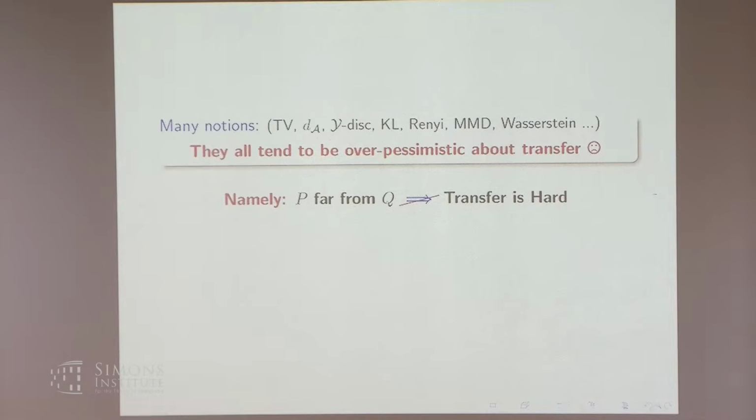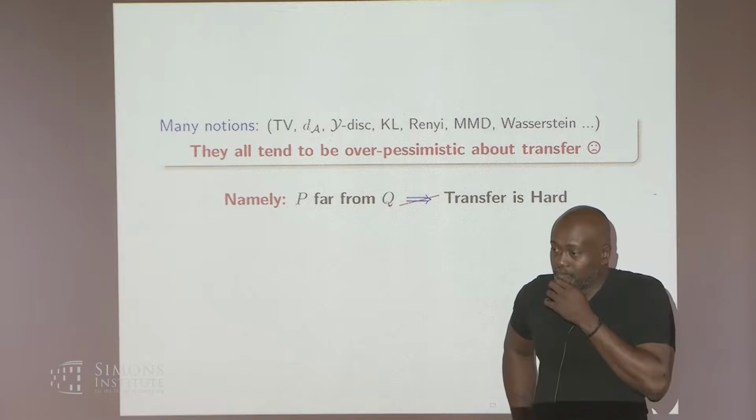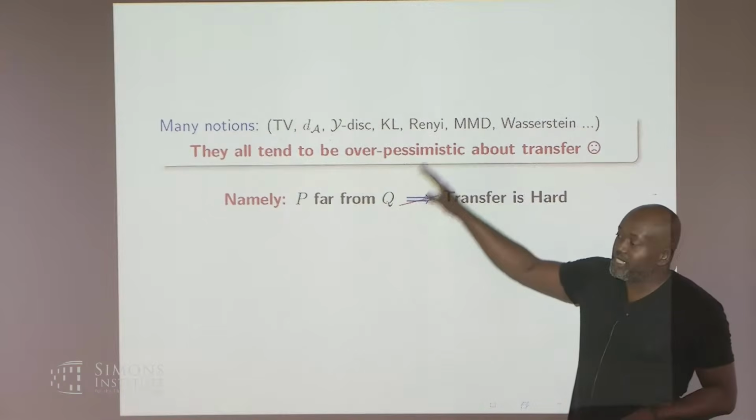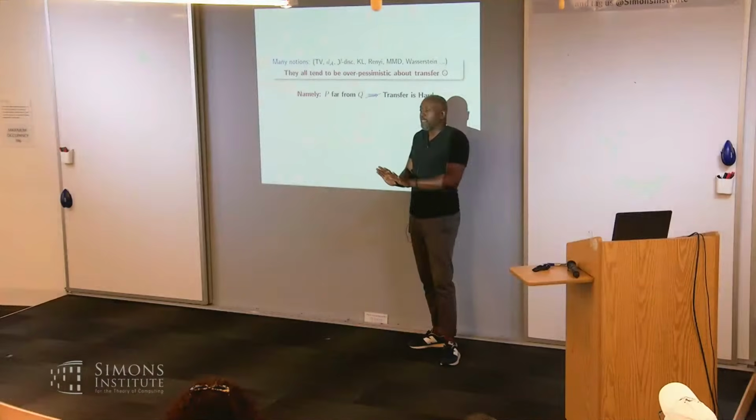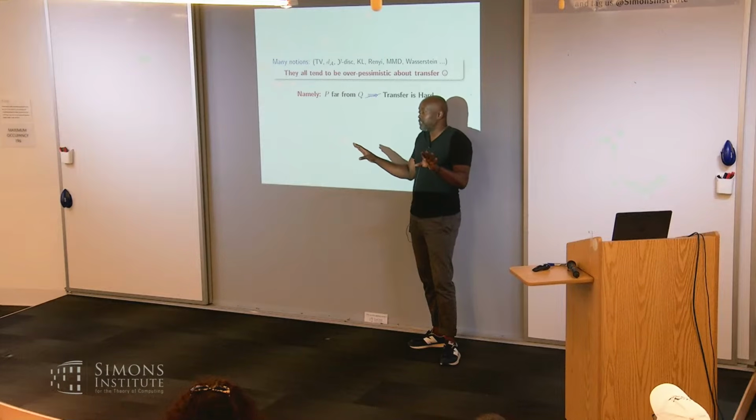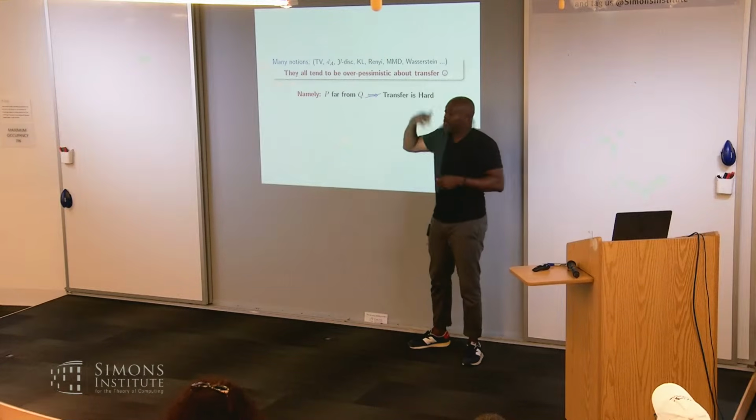We're not distinguishing between closeness or hardness of the joint distribution of XY and the conditional distribution. For the sake of this presentation, for these examples, I'm just looking at distance in the marginal X. However, we can go beyond that, right?